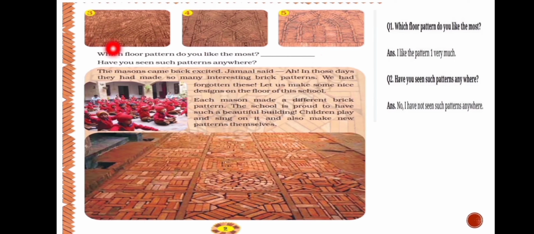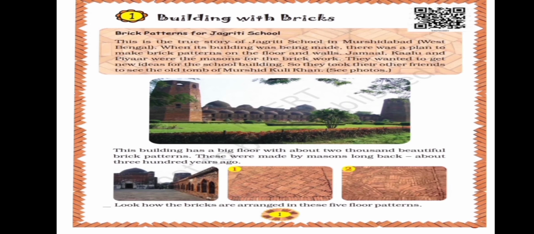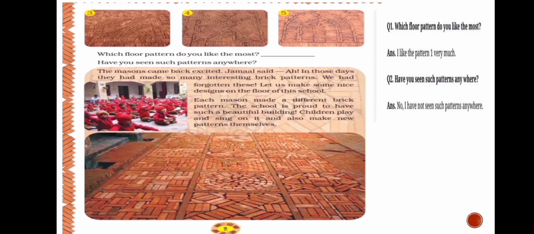So here some questions are given. Which floor pattern do you like the most? Since I like the first pattern most, my answer is I like pattern 1 very much. Your answer may vary according to your liking.